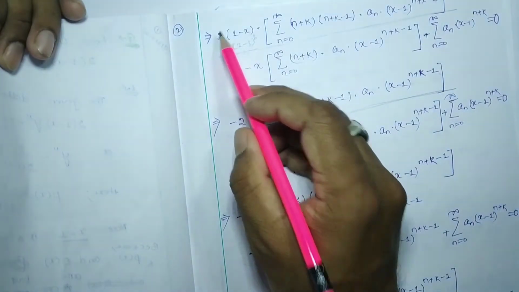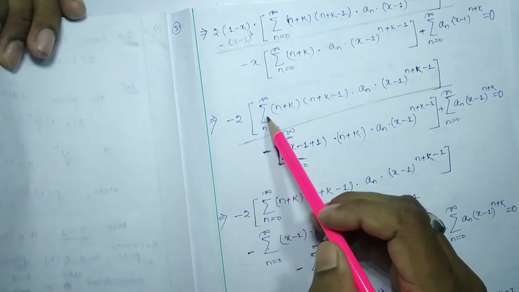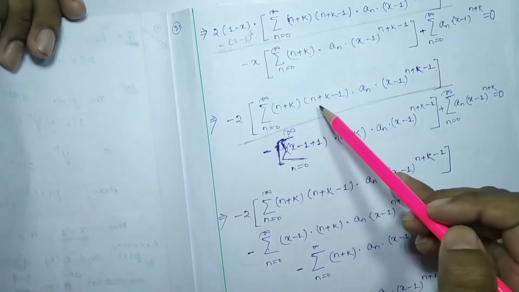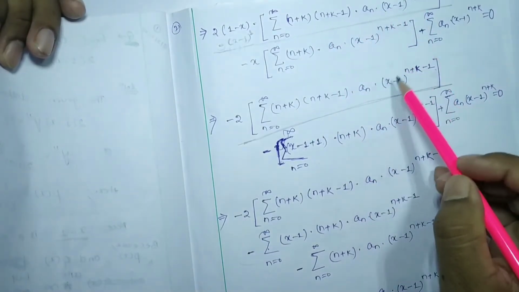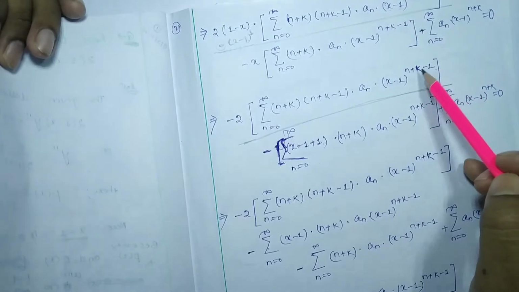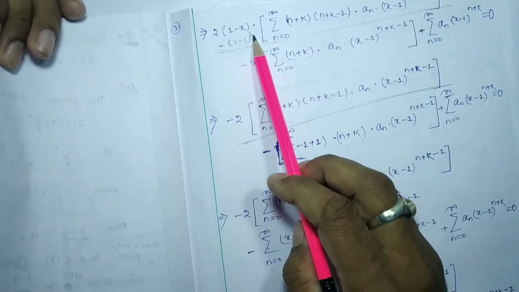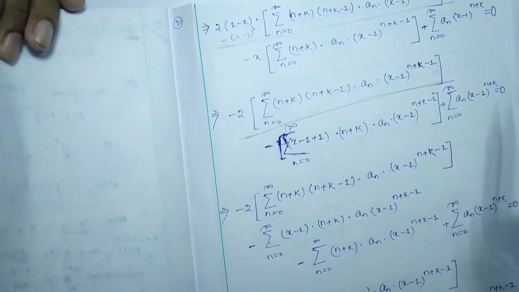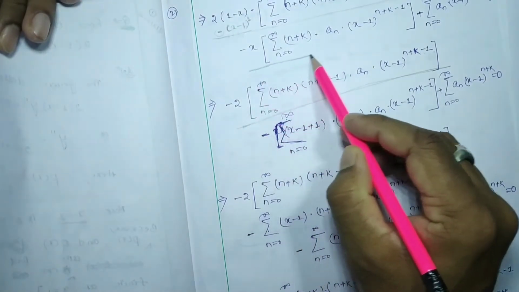So minus 2 in brackets, summation over n equal to 0 to infinity (n plus k) into (n plus k minus 1) an (x minus 1) to the power n plus k minus 1, because the power has been changed as it is added with 1. And then the second term, you concentrate on the second term.